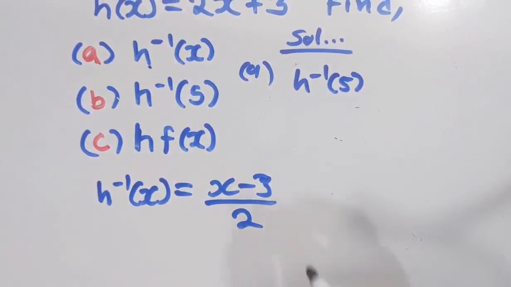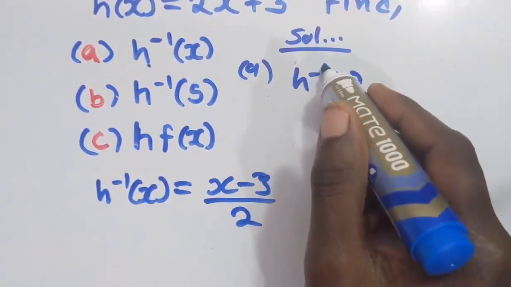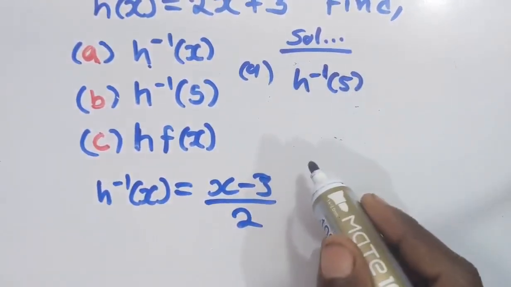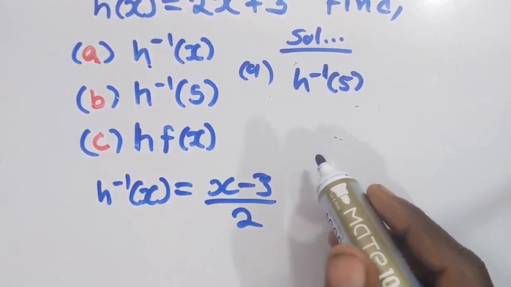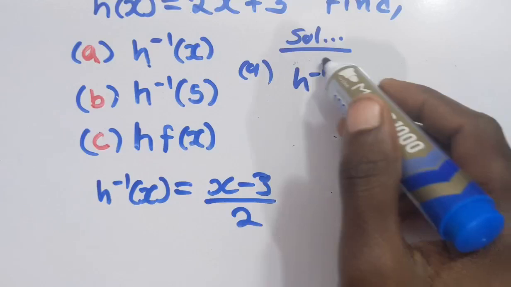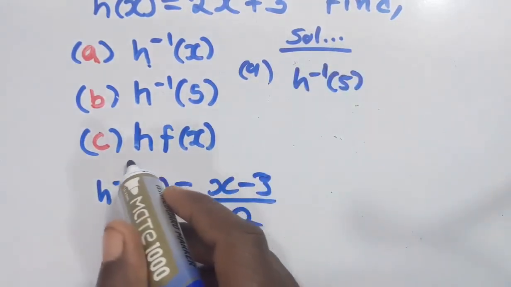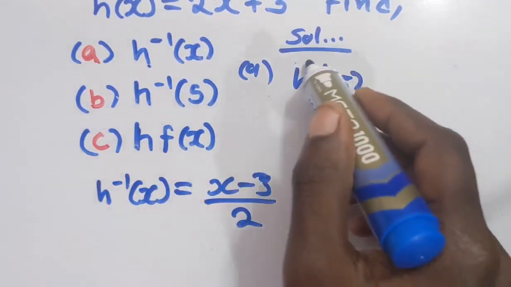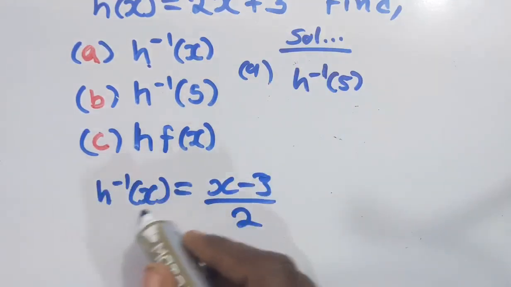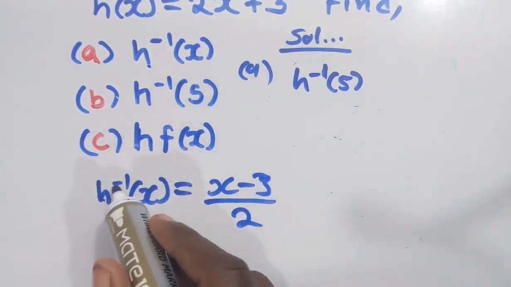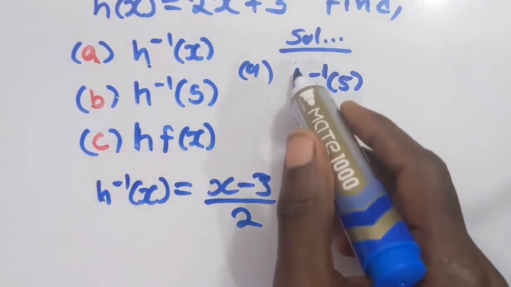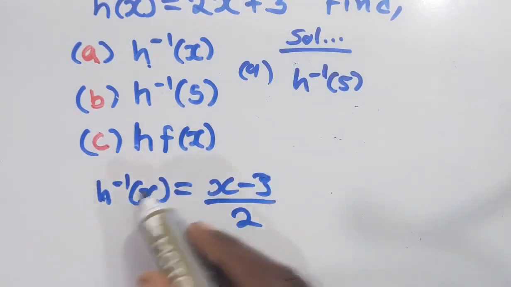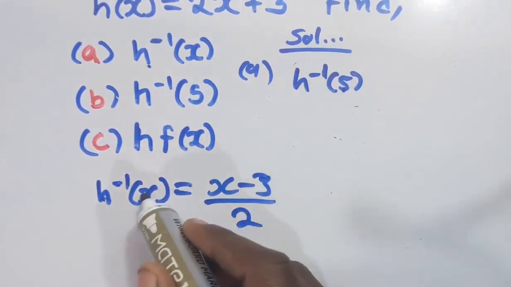Now, if we look at this h inverse of 5, this is almost similar to this part here. There is h inverse, but where there is 5 here, there is x.